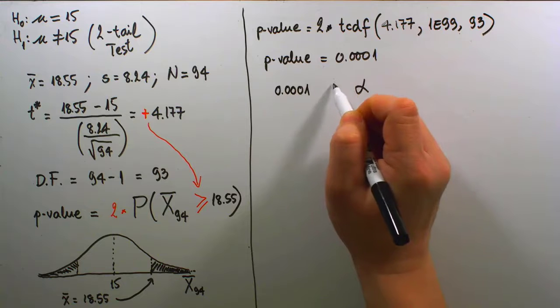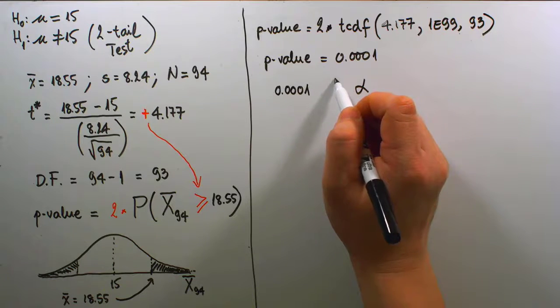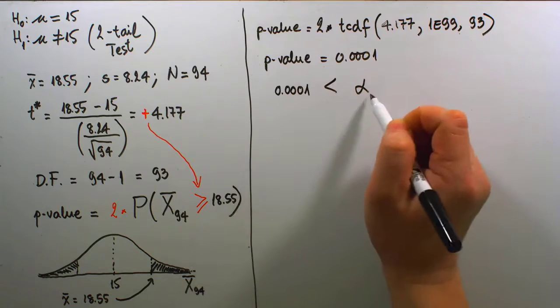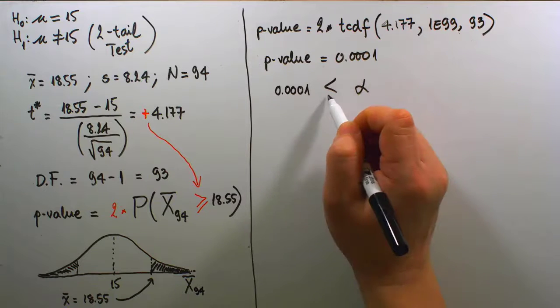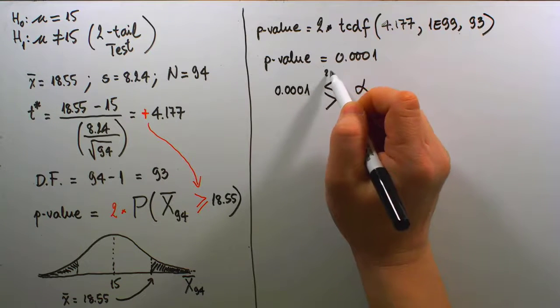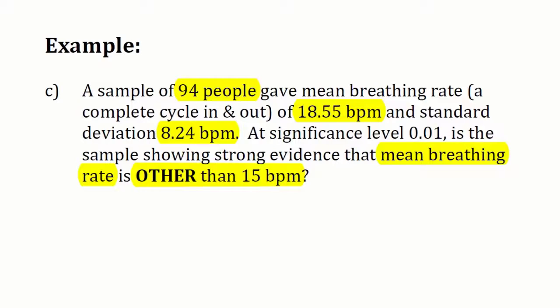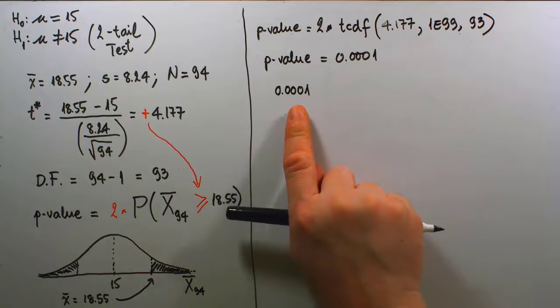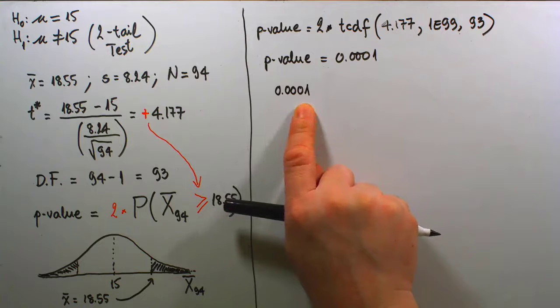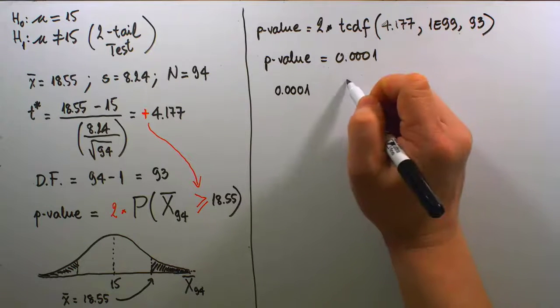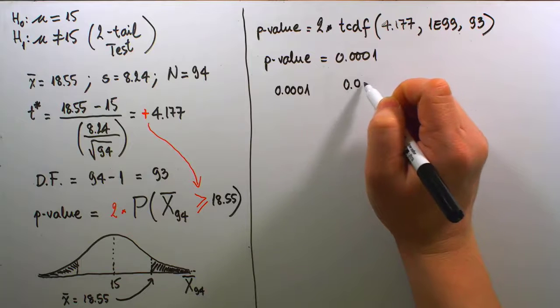We're interested in finding out whether 0.0001 is less than the significance level given in the problem or greater than. And so back to the wording of the problem itself. At significance level 0.01. So here we are given a significance level 0.01. So now we are going to compare this final p-value with the given significance level at 0.01.